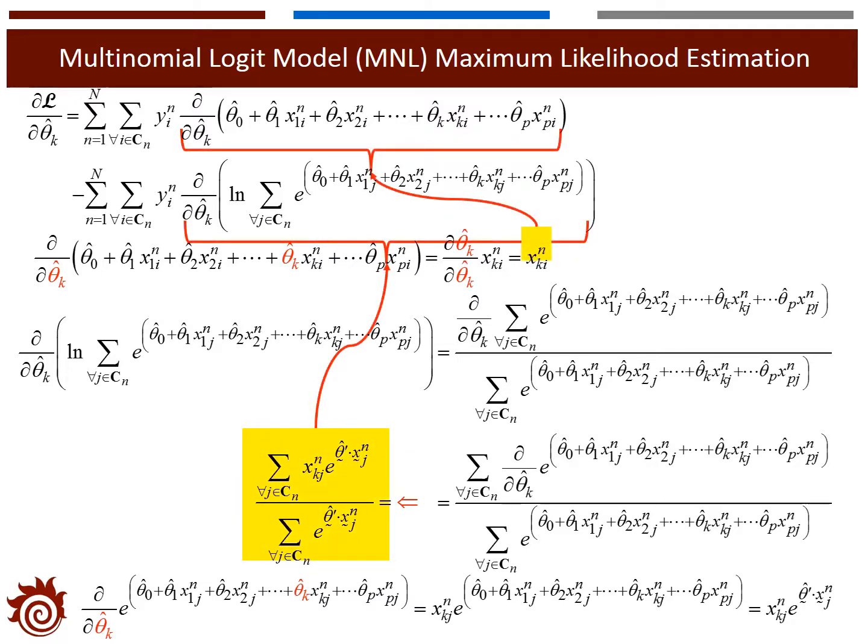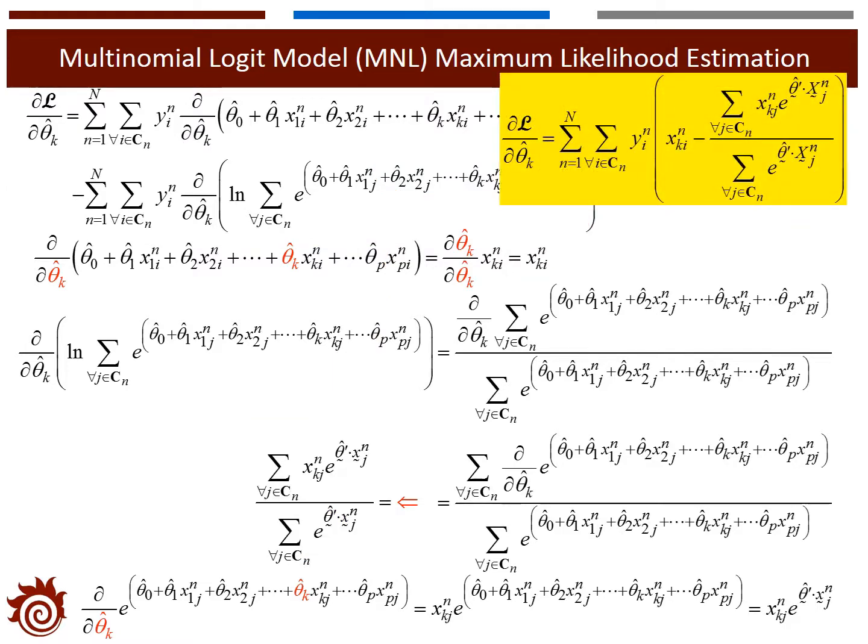So that would be the expression for the second component, and this will be the expression for the first one. And then we will have the simplified first order partial differentiation with respect to theta k for the multinomial logit model.